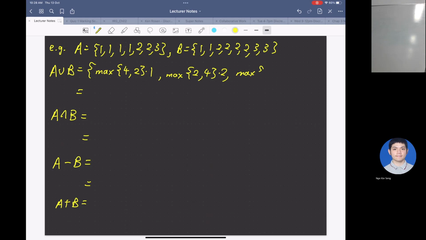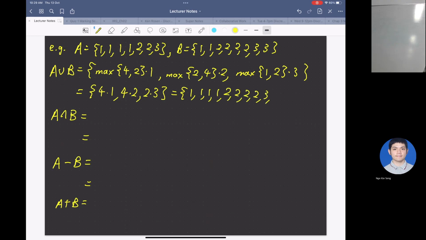And then for 3, the first one appears once, and then the second appears twice. So that means in my union, I have 4 ones, 4 twos, and 2 threes. So the set is looking like this. Okay. This is how you take the union of multisets.